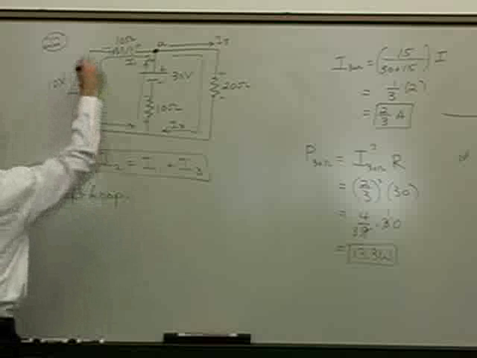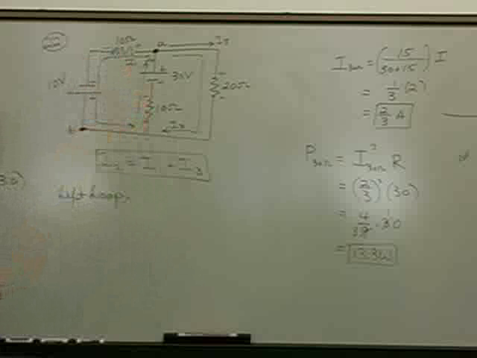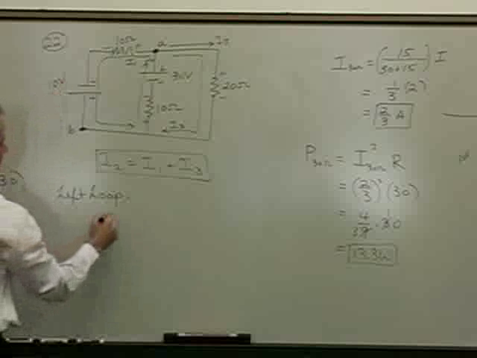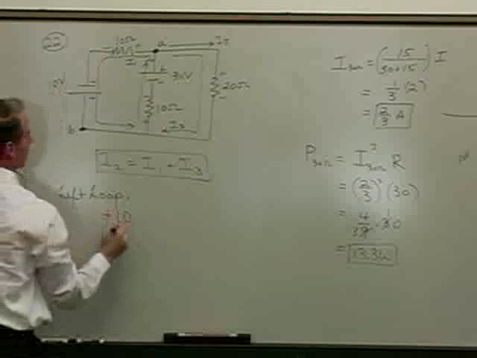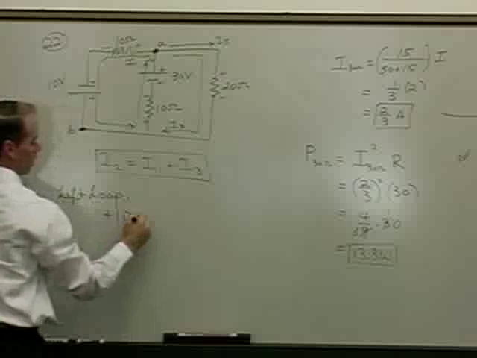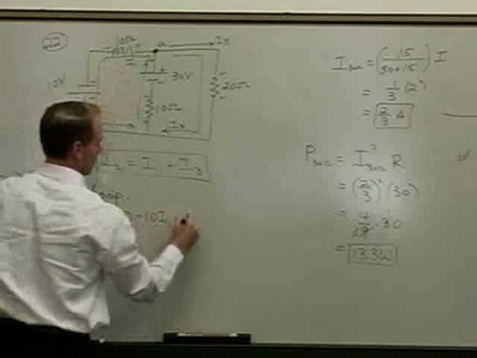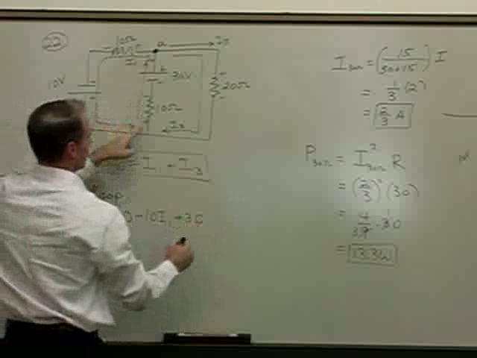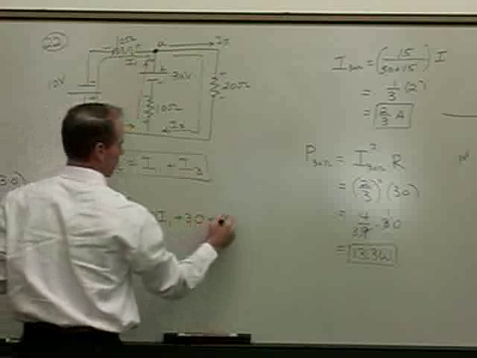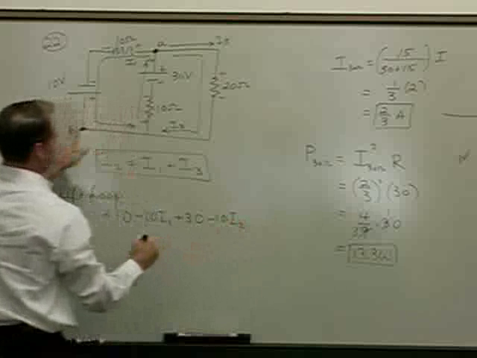So we start here, and we'll walk our way around. I'm just going to go clockwise. I'll have plus 10, minus 10 I1, plus 30, minus 10 I2, equals 0.